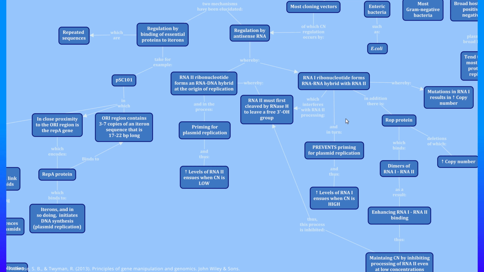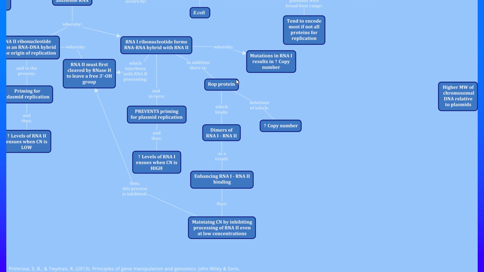Now, what you have to recognize is that in addition, there is something called the Rop protein. The Rop protein binds to dimers of RNA1-RNA2 hybrids, and as a result, enhances RNA1-RNA2 binding. Now, because the Rop protein binds to dimers of RNA1-RNA2 hybrids and enhances RNA1 and RNA2 binding, this causes maintenance of the copy number by inhibiting processing of RNA2 even at low concentration.